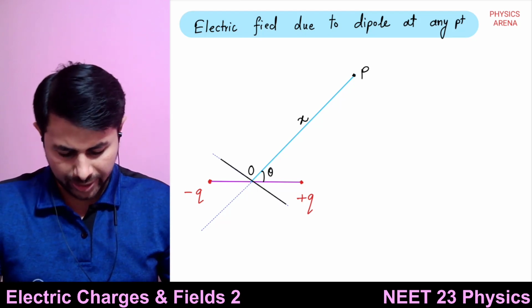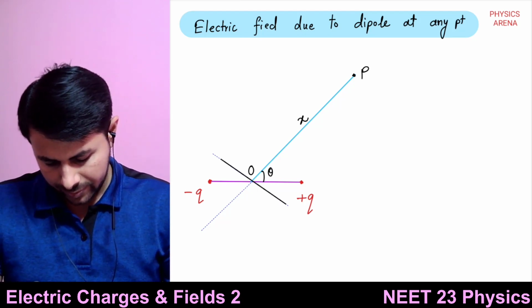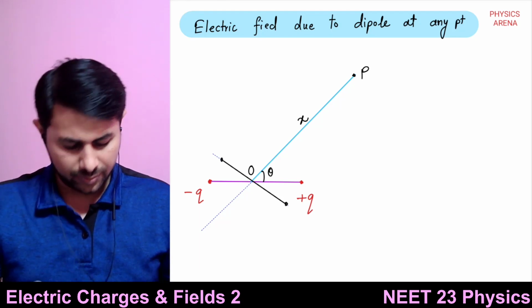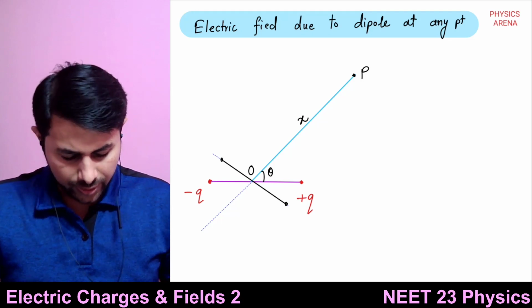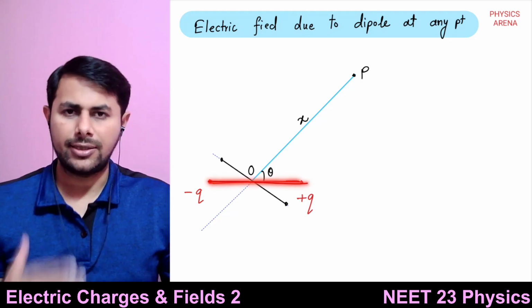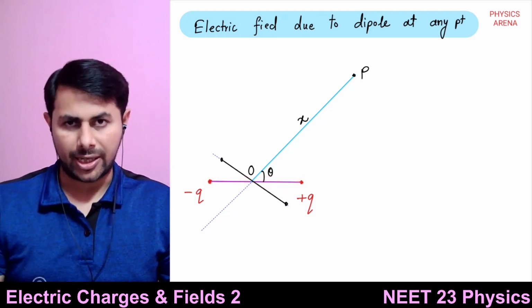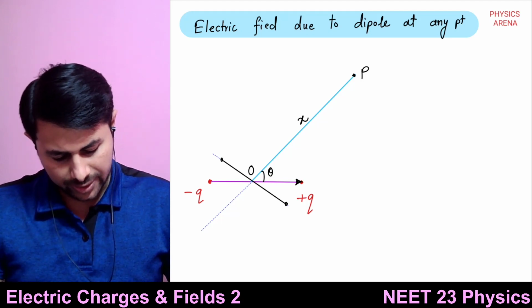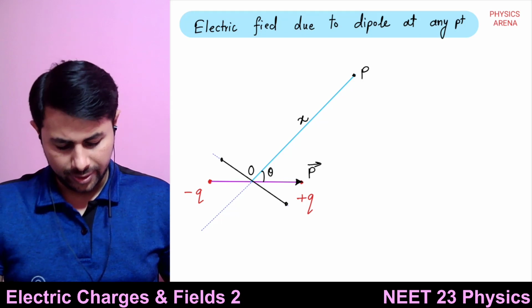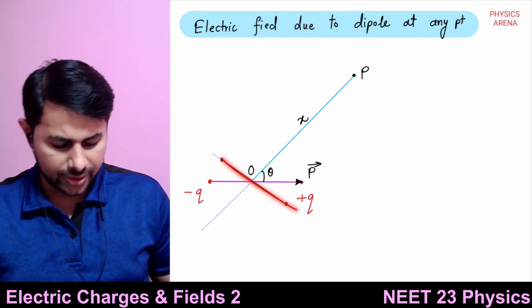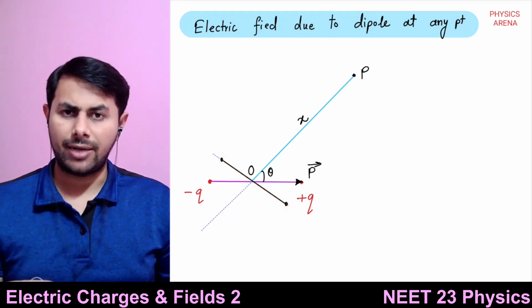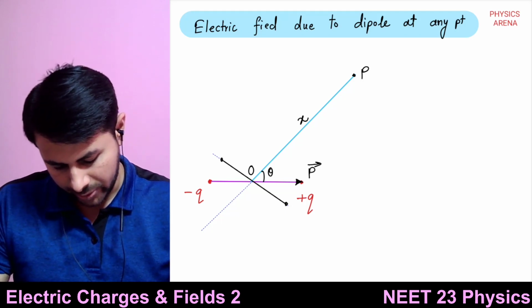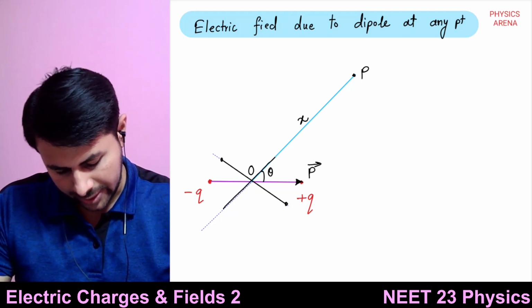If we draw a perpendicular, so this dipole has a dipole moment equal to P bar. Now this is one component of the dipole moment, and there would be another component, directed like this.